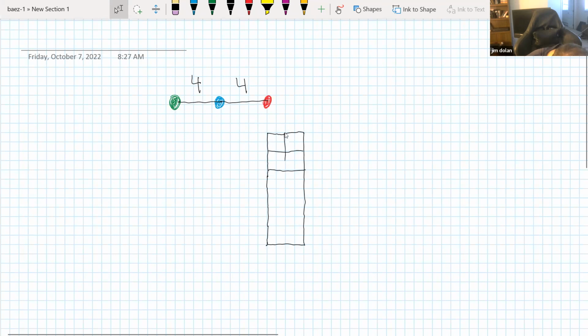In the middle. And I'm hoping I'm using my color coding somewhat consistently here. Am I doing this right? Really got to check my picture here.